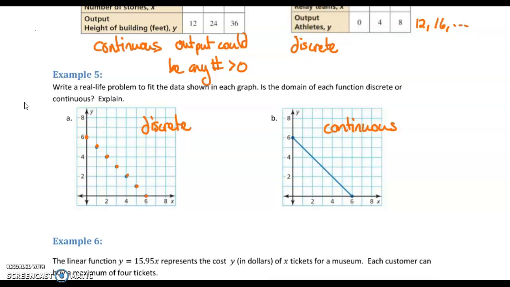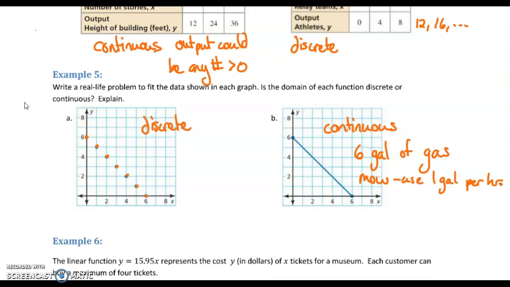Okay, let's look at something continuous that you could have partial amounts for. So what if I start with, how about 6 gallons of gas? Okay, and let's say I mow, and I use 1 gallon per hour of mowing.